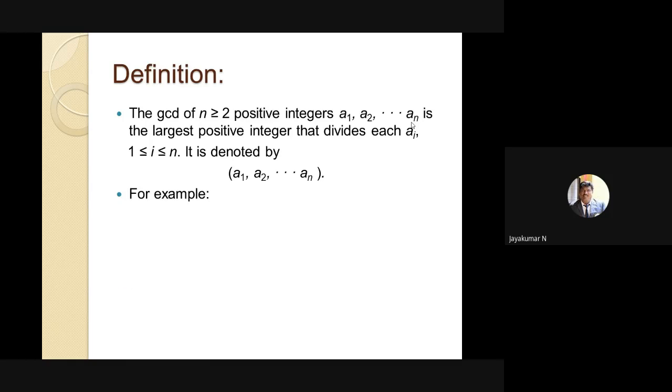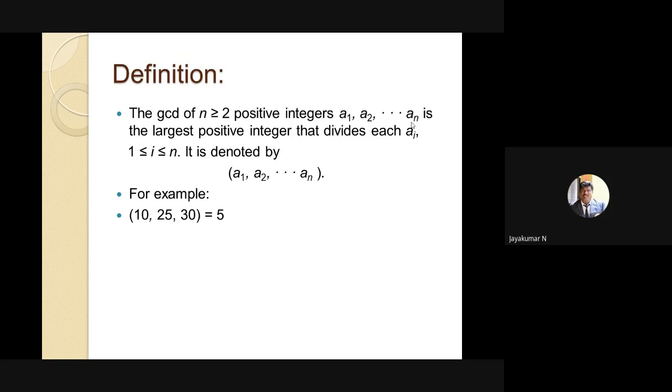Okay. For example, suppose I want to find the GCD of 10, 25, 30. You have to check all the common factors of all three. Then from the common factors, I have to collect the largest one. The technique is the same as GCD of 2 integers.